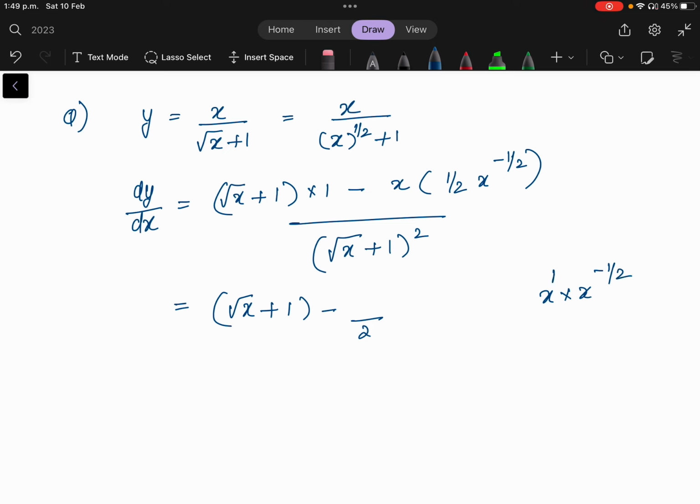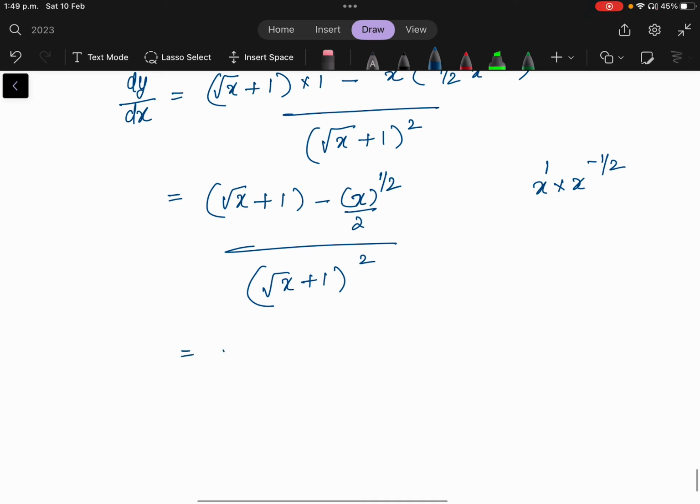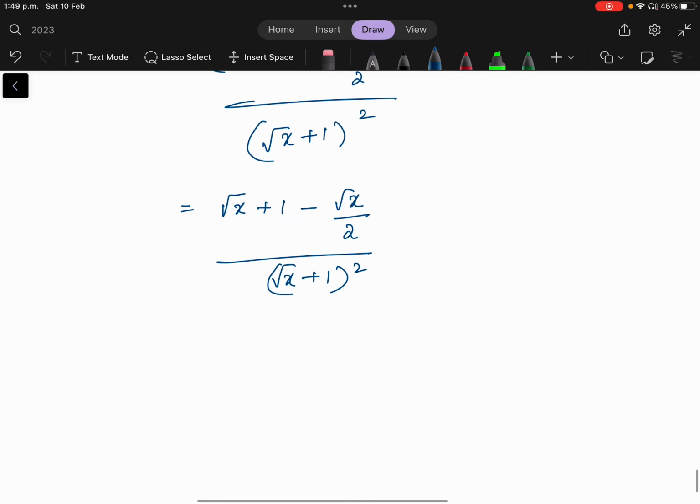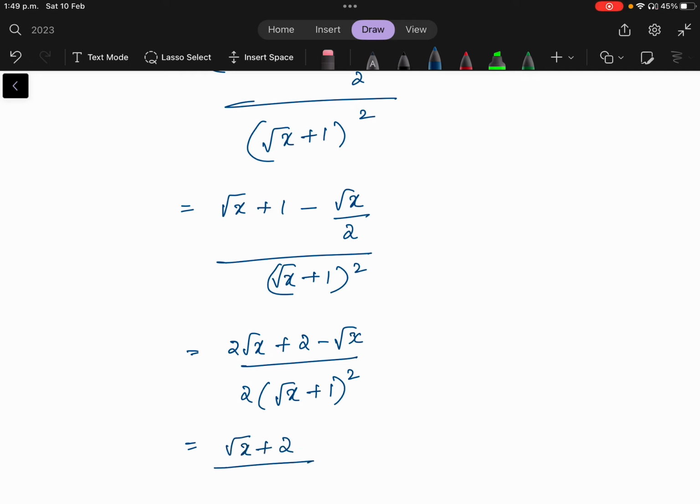So this is 1, so you will get 1 over 2, x to the power of 1 over 2, divided by (square root of x plus 1) the whole square. That is equal to square root of x plus 1 minus square root of x over 2, divided by (square root of x plus 1) the whole square. That's equal to, you can multiply it by 2, so 2 root x plus 2 minus root x over 2 times (square root of x plus 1) the whole square, and 2 root x minus root x will be root x, plus 2 over 2 times (root x plus 1) the whole square.